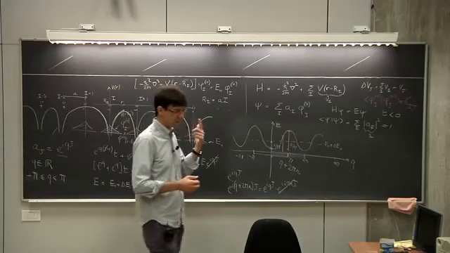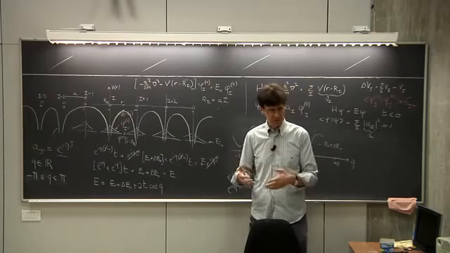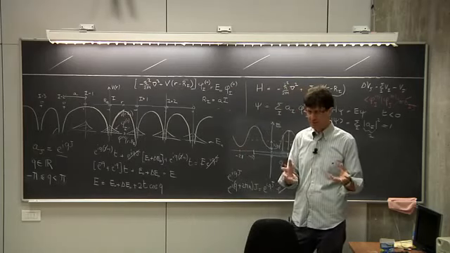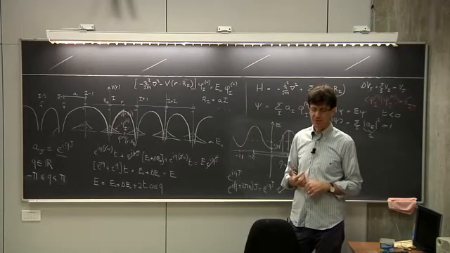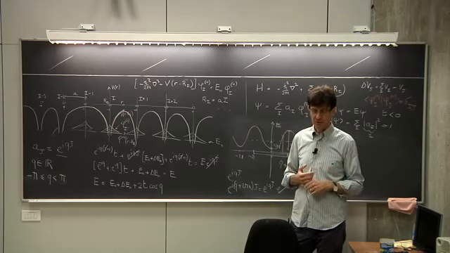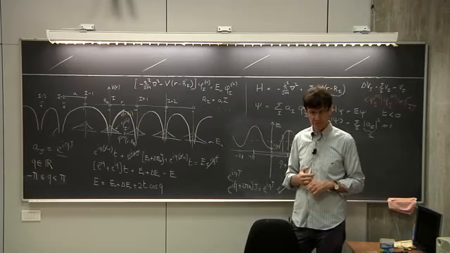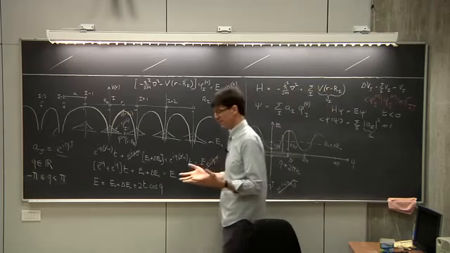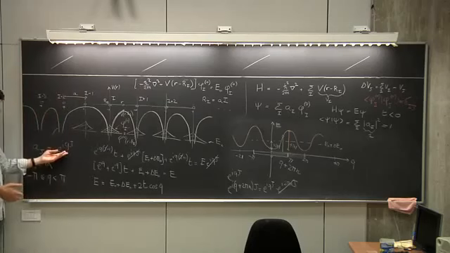You might remember, you've probably seen Bloch's theorem already in some form, that Bloch's theorem doesn't state that wave functions are periodic. It states something else. Wave functions don't need to be periodic. They don't have the periodicity of the underlying lattice. This is an example. This wave function is not periodic.